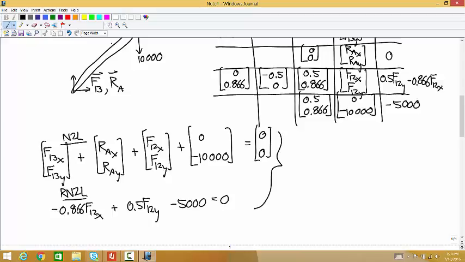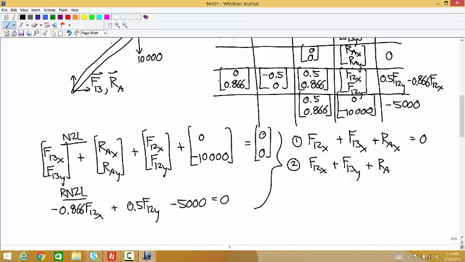So the first three equations of this system say F12x plus F13x plus RAX equals 0. The second one says F12y plus F13y plus RAY equals positive 10,000.